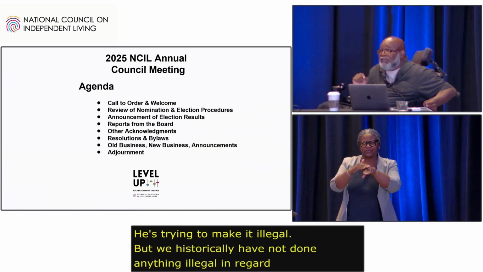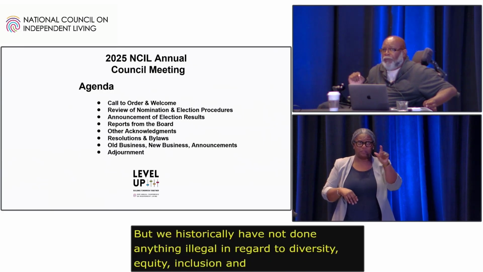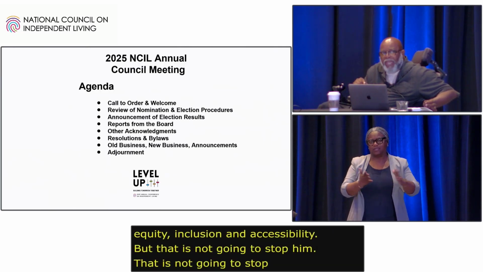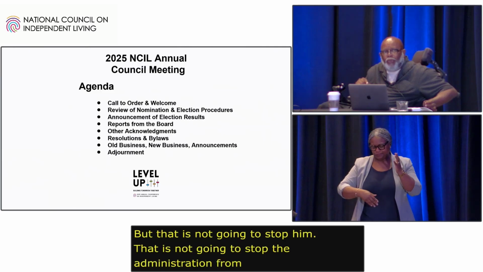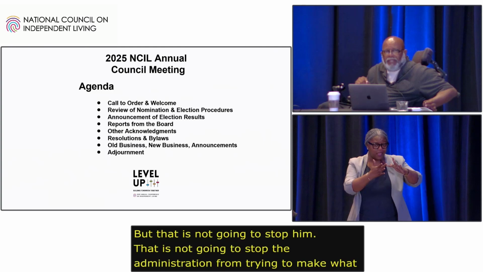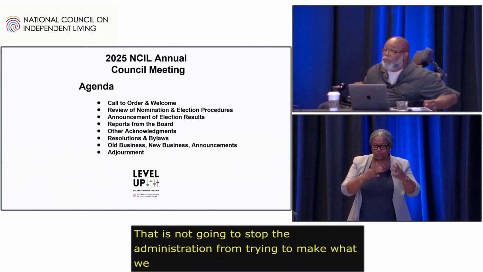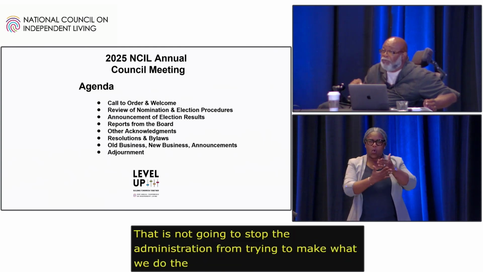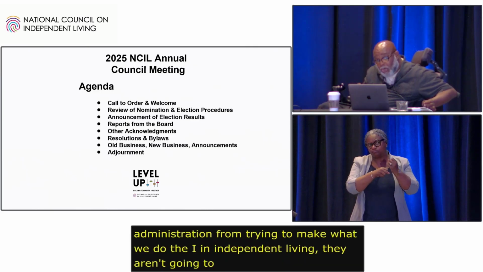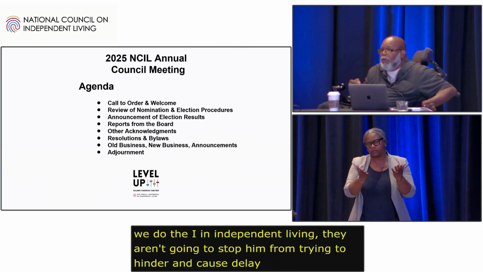But that is not going to stop him. That is not going to stop the administration from trying to make what we do, the IL network of Centers for Independent Living, the State Independent Living Council, and all the things that we do, they're not going to stop them from trying to hinder and cause delays. And if that occurs, they will harm us.